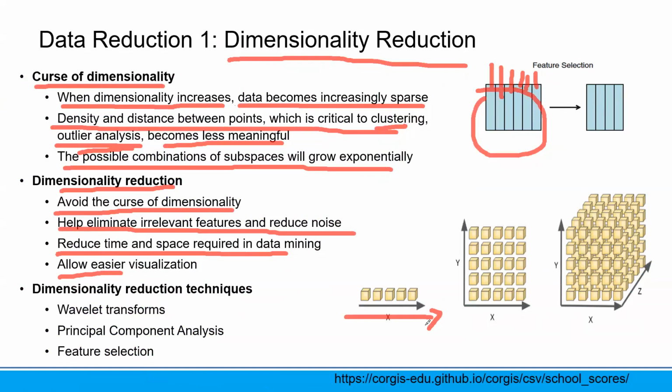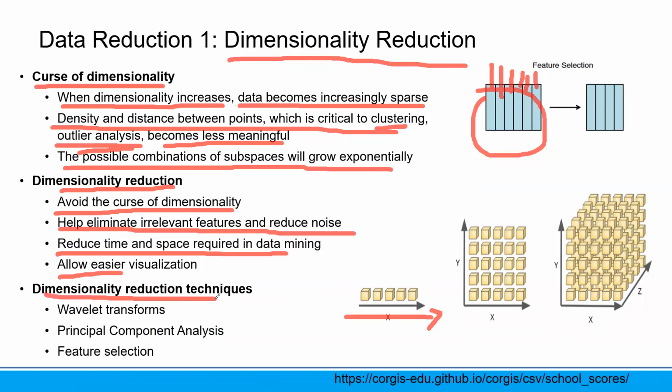But if you have 4 attributes, it becomes more complicated. If you have 5 attributes, it's not easy to do the data visualization. So if you can reduce it, it will be easier for you. It can reduce the time. It can reduce the space.